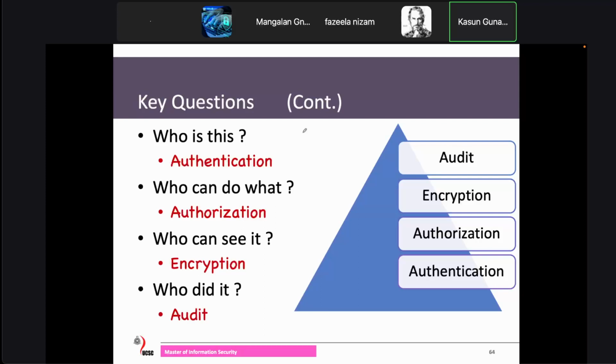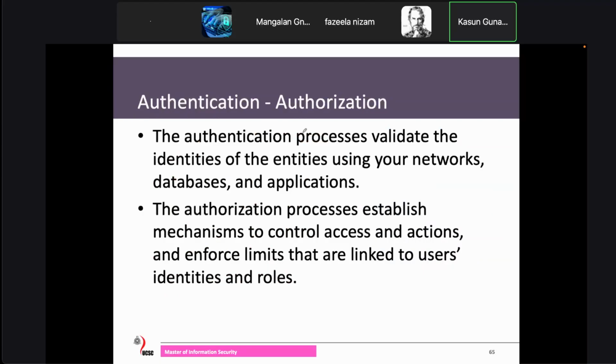It is about auditing, right? Authentication and authorization, sometimes they mix it up. Authentication is the process of validating or verifying the identity, and the authorization process is establishing mechanisms to control access and actions and enforce limits that are linked to users' identities.